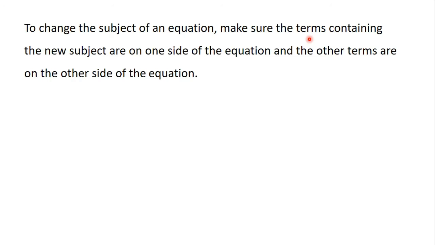I'm going to explain it again in these videos, but if you want an in-depth understanding of it, go and watch the video on Introduction to Algebraic Expressions. So in order to change the subject of an equation, you group all the terms that have the new subject on one side, either the left or the right. Then you group the other terms on the other side.